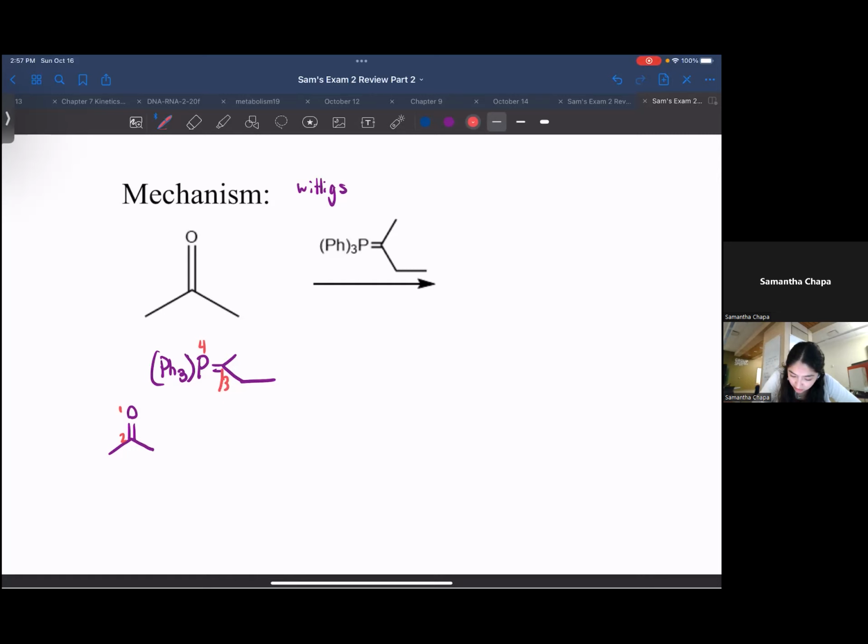So from here, I'm going to break my double bond and attack the electrophilic carbon. Can't have 5 bonds to a carbon, so I'm going to break open this double bond and put my electrons on oxygen. Then these electrons are going to be attacking my phosphorus and making a bond to phosphorus.